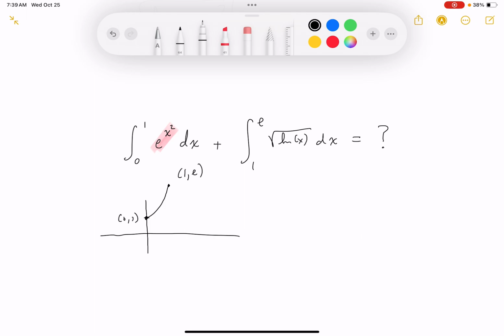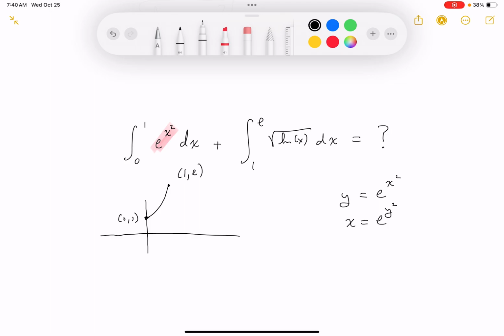The thing I'm going to think about is y equals e to the x squared. By the way, I know logs and exponentials have this inverse relationship. So I want to look at the inverse of this and see what I come up with. How would I do that? Going back to your pre-calculus days, you just interchange the x and y, and you get x equals e to the y squared.